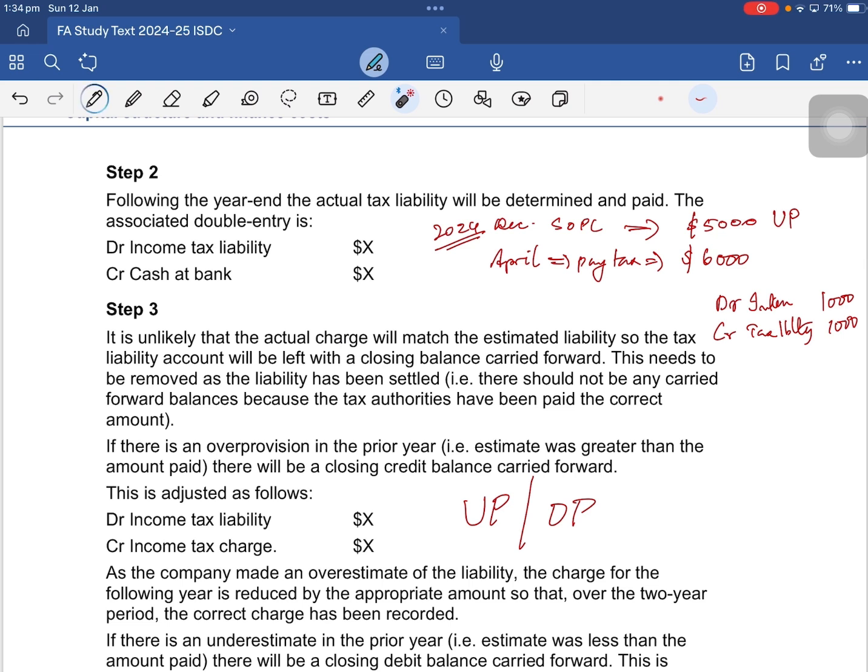Now listen to me carefully. I am going to erase this off and take the second situation. I have calculated 5,000, but when the tax authority calculated, it is just 4,000.